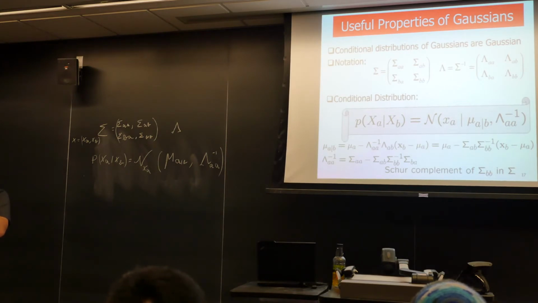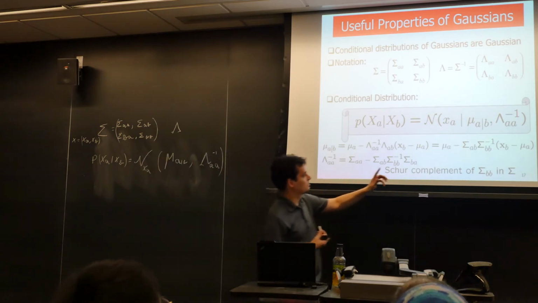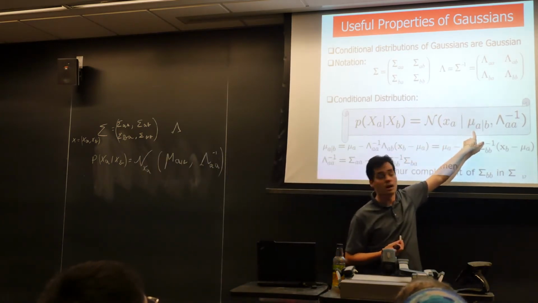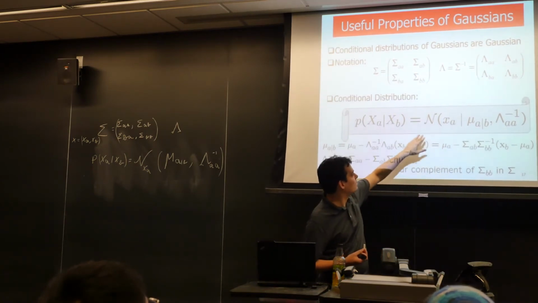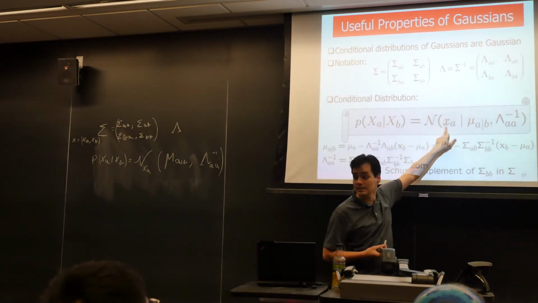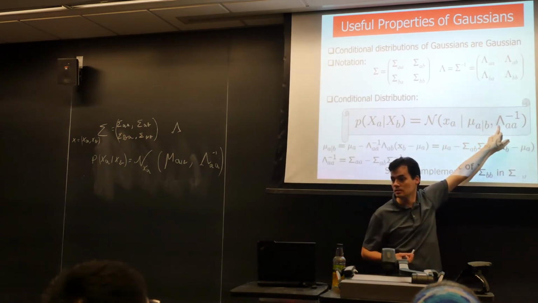I want to calculate the conditional distribution of XA given XB. When we specify the mean of the normal, we write XA given mu AB. So this is the density function of a Gaussian at the place XA, with this mean parameter and this covariance.